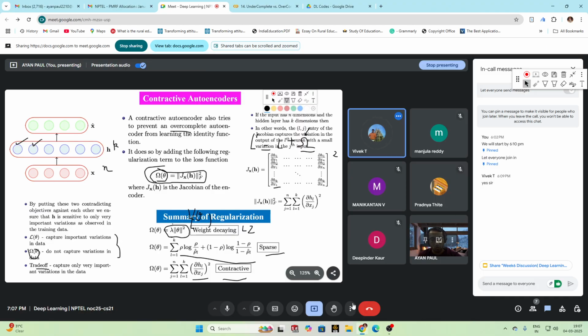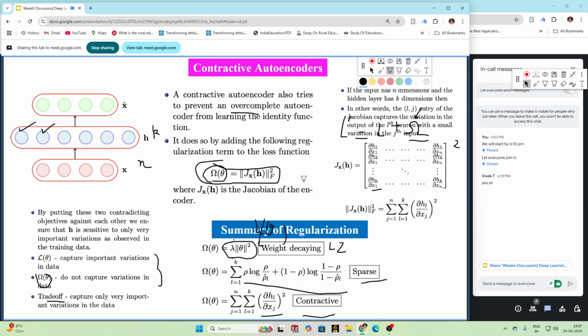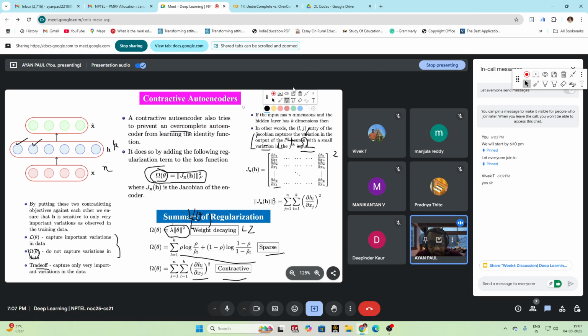Yes, sir. Okay, so we will just see a code of an autoencoder, because that is also important. Let me show you a code of an autoencoder.